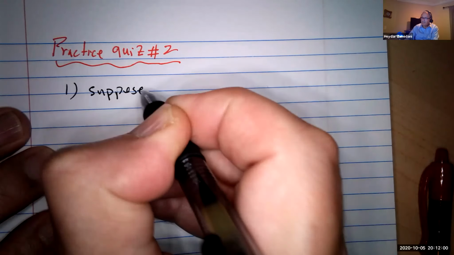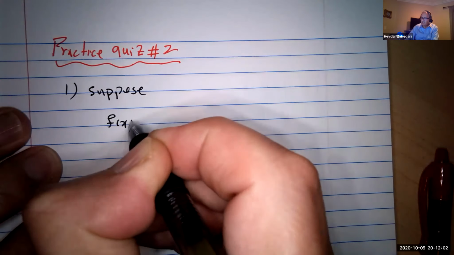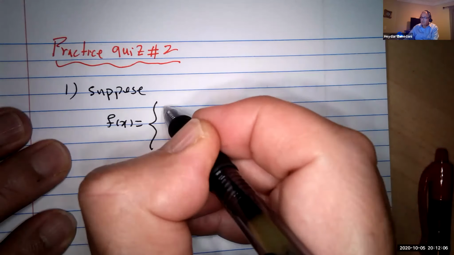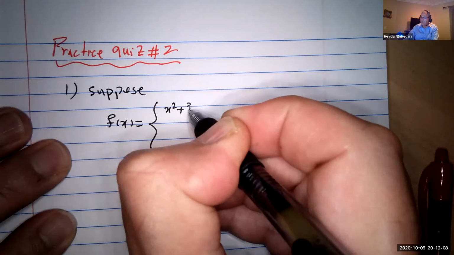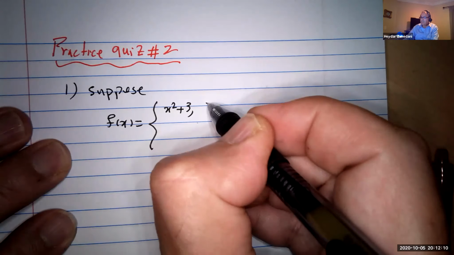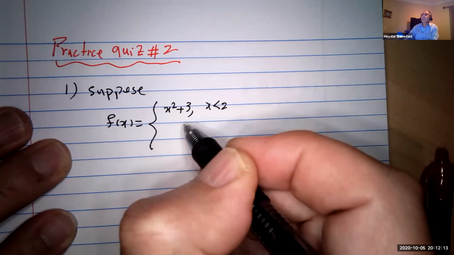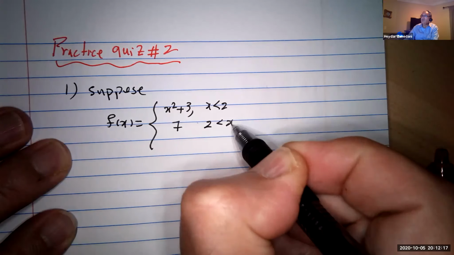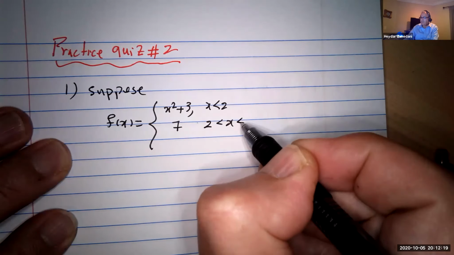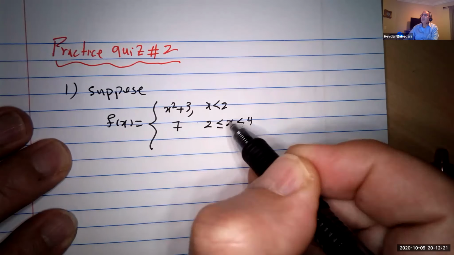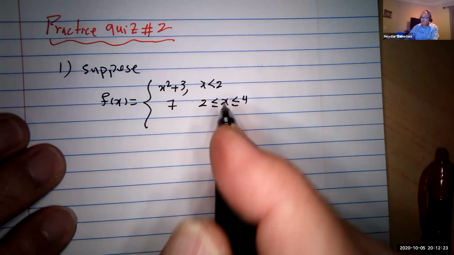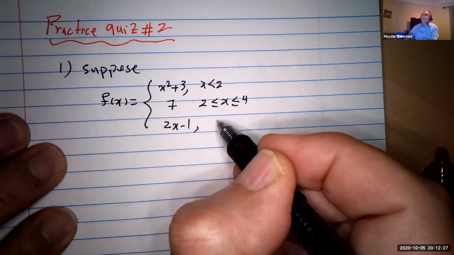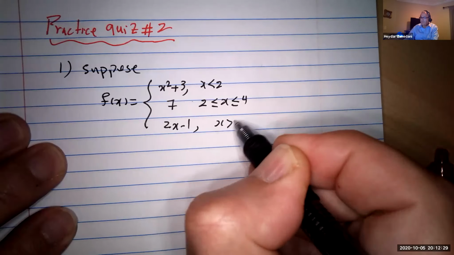This is the function f of x equal to x squared plus 3 when x is less than 2, 7 when x is between 2 and 4, and 2x minus 1 when x is greater than 4.